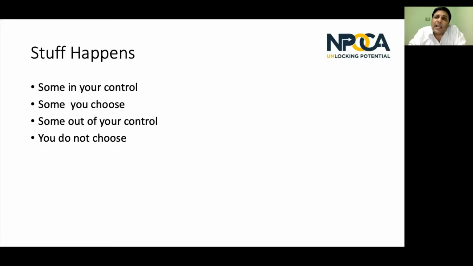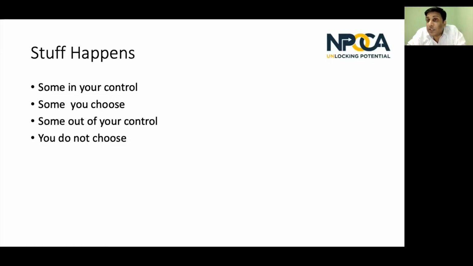It's important that as children, you recognize that you do not control everything under the sun. I want you to recognize that things will happen. There'll be times when it will be in your control. There'll be times when you will choose.